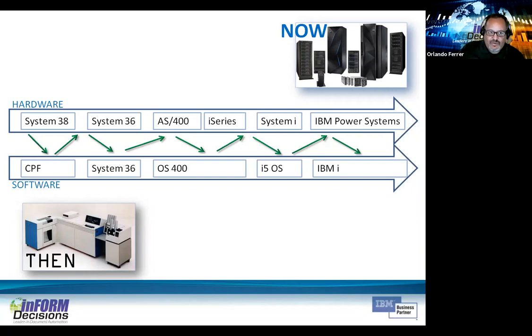As you can see from the screen, we have had different hardware names and software names throughout the history as we've grown. The current names being, of course, the IBM Power System, and the IBMi for the OS. But there are 2 points that can be said about this throughout the history of it all. One is, as new technology capabilities advance forward, both the operating system and the hardware have evolved to meet those capabilities for you, the end users.